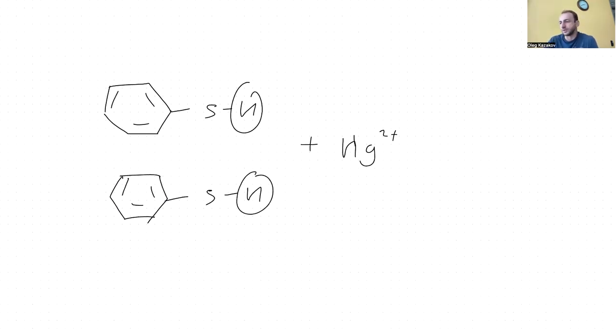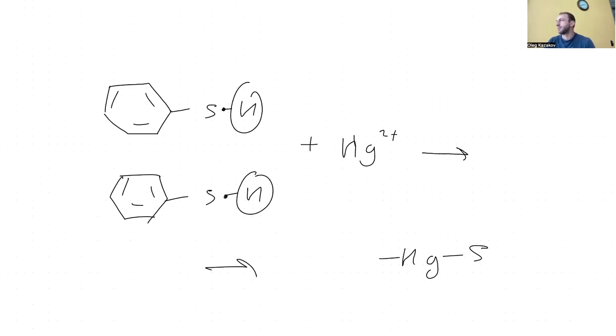So as a result of this reaction, you are going to obtain the following molecule. You'll put Hg in the middle, and you'll show the bonds that protrude from this metal. Here you have essentially a free electron, and then another free electron.